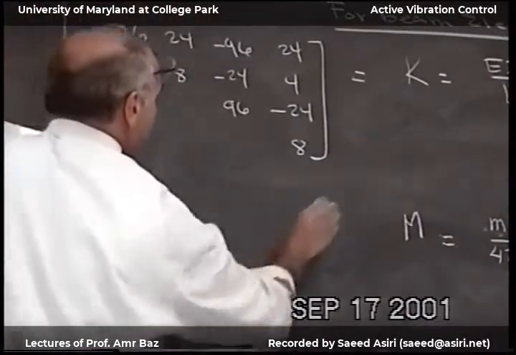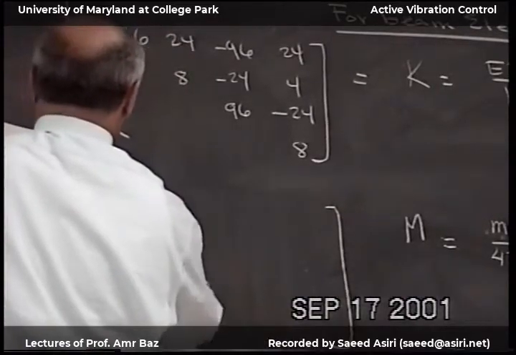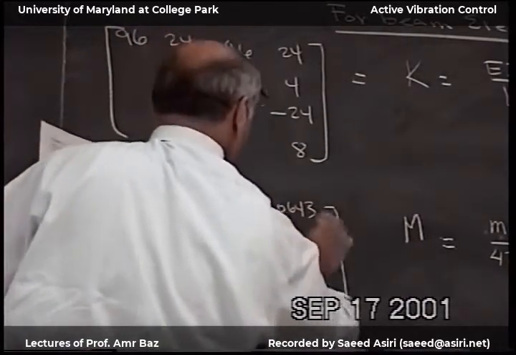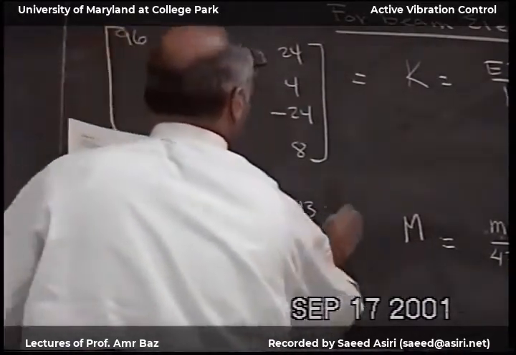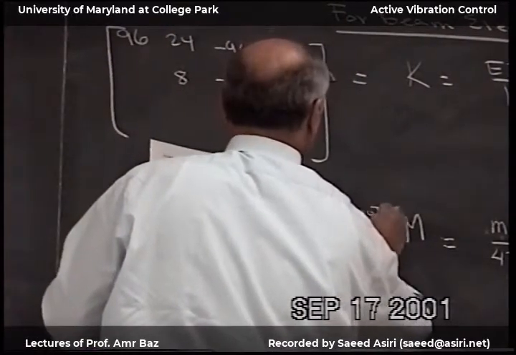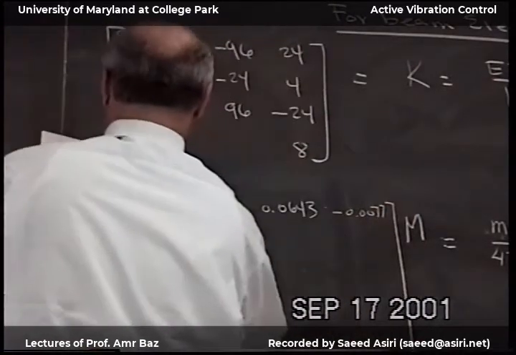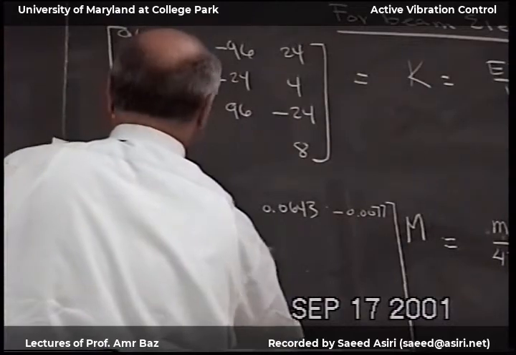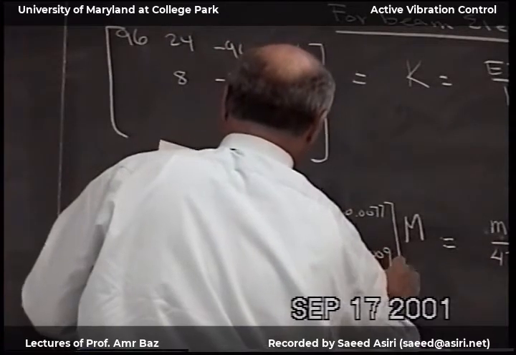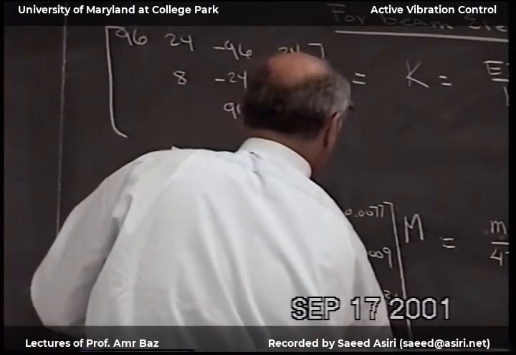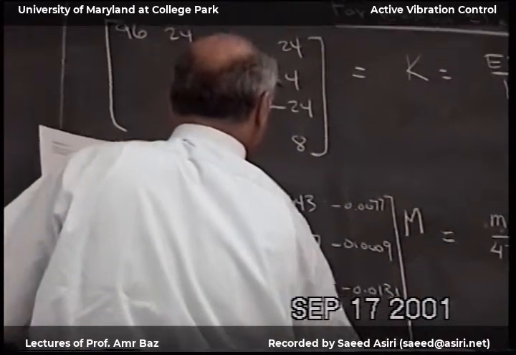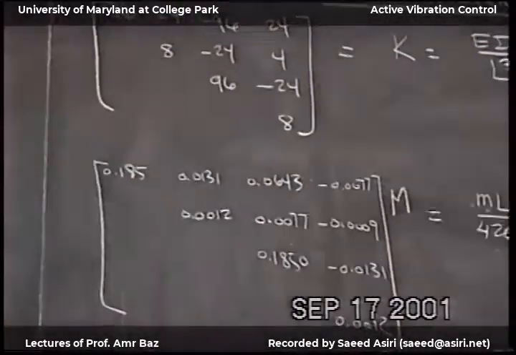And then here, the mass matrix entries: 185, 0131, 0643, 0077, and then 0.0012, 0077, 0009, 2, then this last term, 1850.